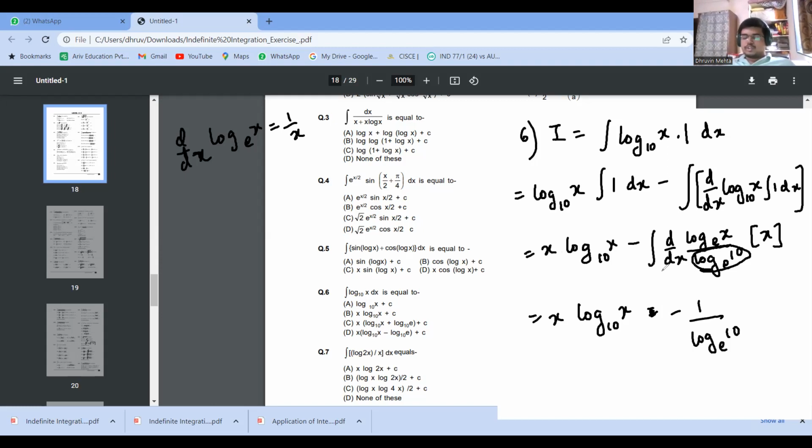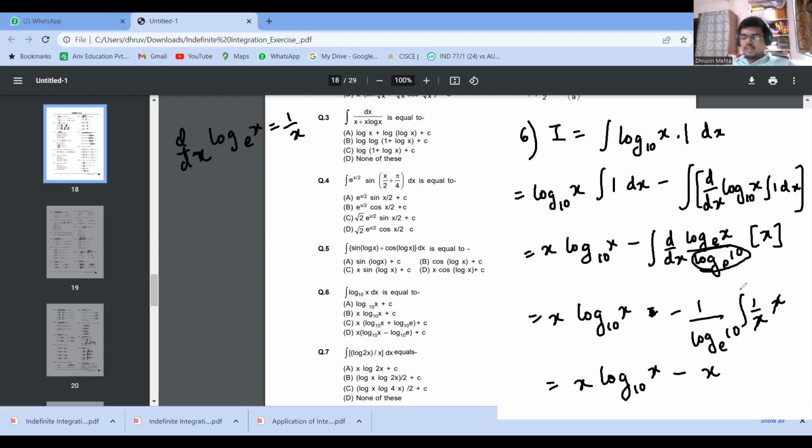What is the derivative of log x to the base e? 1 by x into x will get cut. So now we are left with integration of 1. What is integration of 1? It will be x. We have not discussed this, but see, the derivative of x is 1, so integration of 1 is x. Remember this.